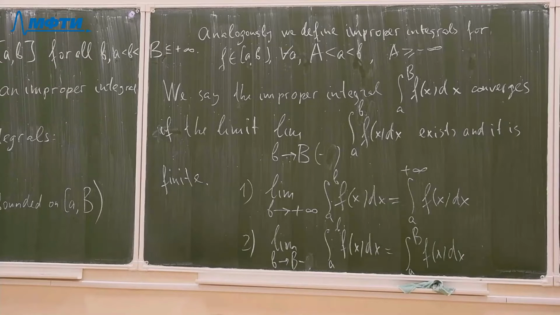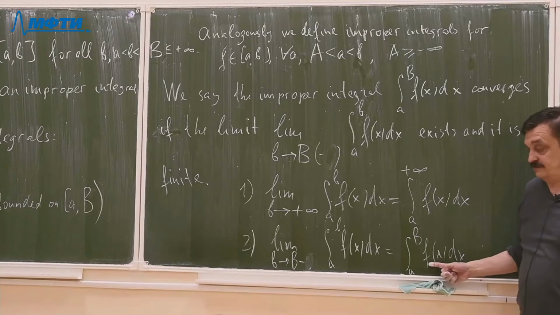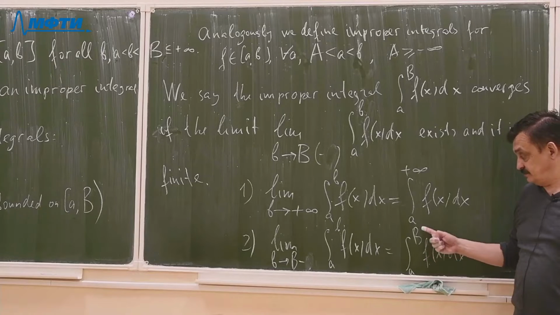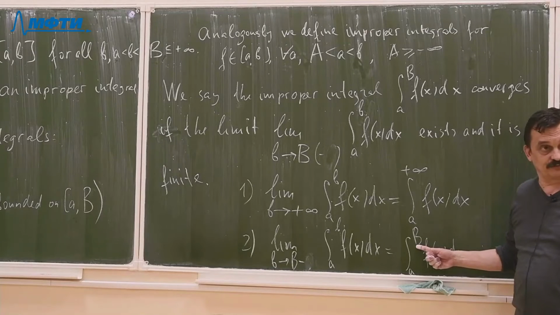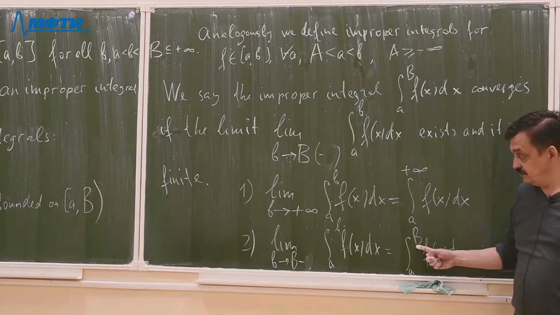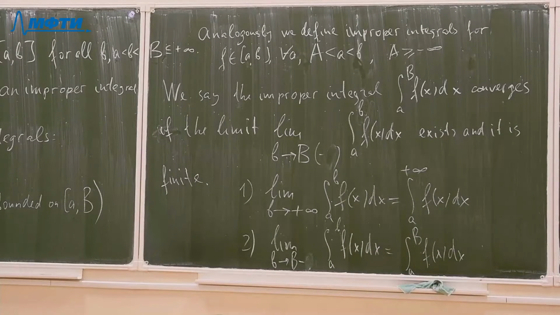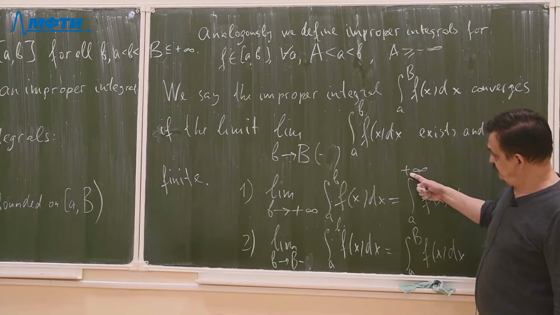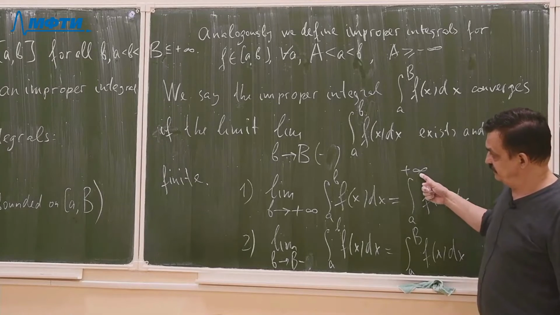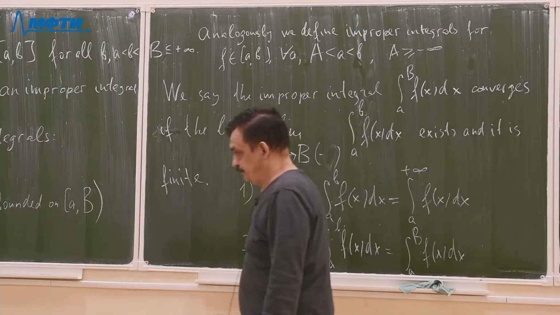So, if f, little f, is unbounded near capital B, then we consider such one-sided limit, or if we are talking about integral up to plus infinity, then we consider this limit.